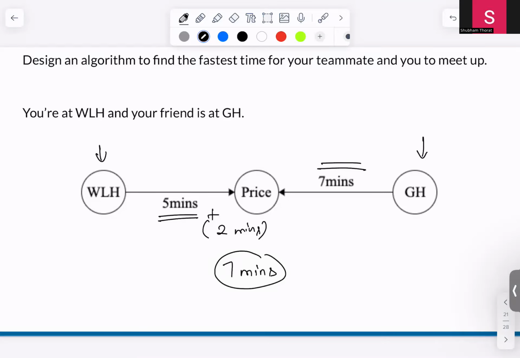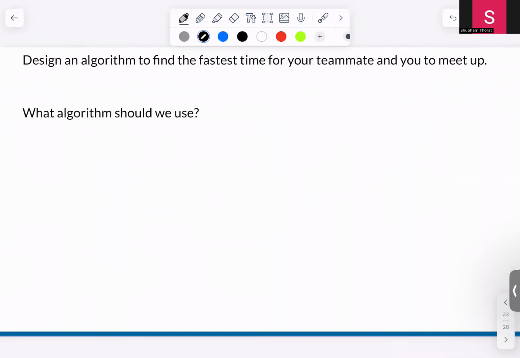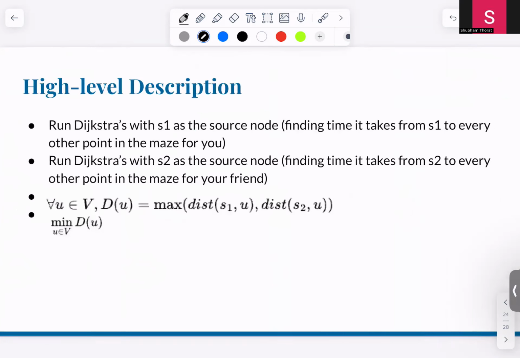So now we will check each and every possible intermediary point that is reachable from both S1 and S2, and find which point gives the minimum possible time. Again, a very straightforward idea. We run Dijkstra's from S1 and S2.